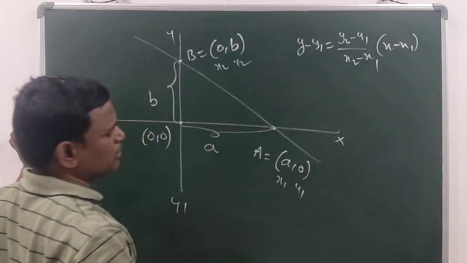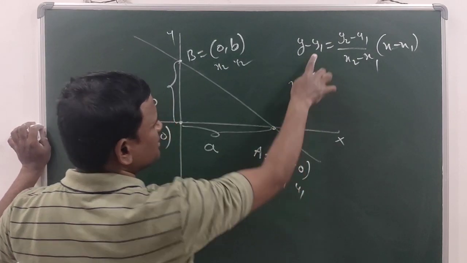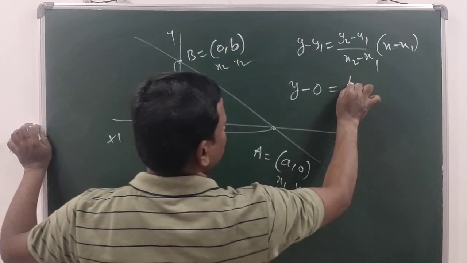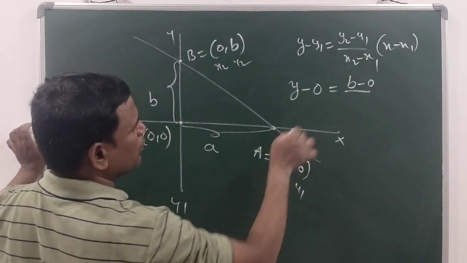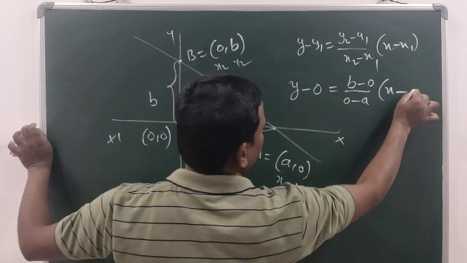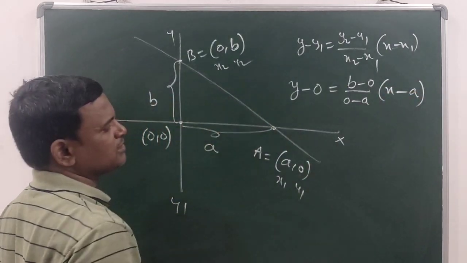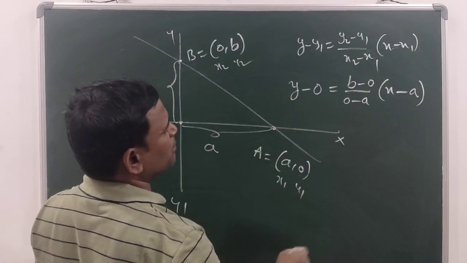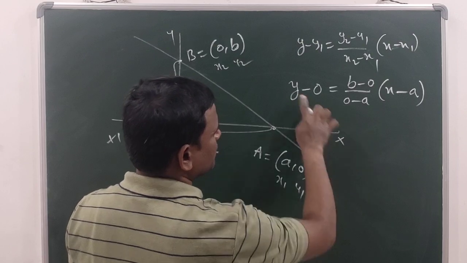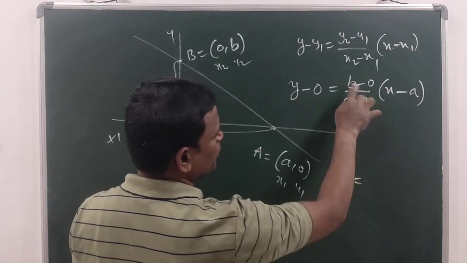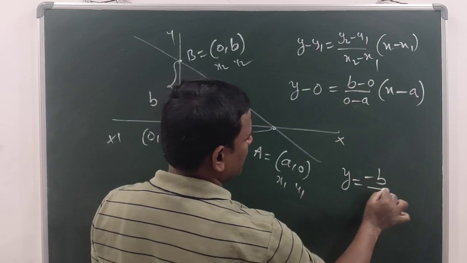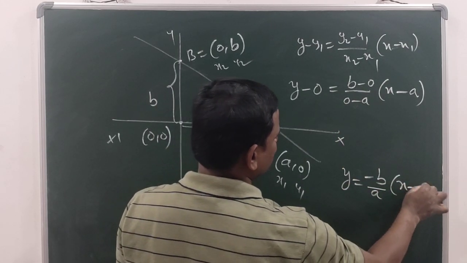Now substitute: y1 value 0, difference of y coordinates b minus 0 by 0 minus a, of x minus a. Now let us simplify this. If you take cross multiplication, what do you get, students? y is equal to minus b by a of x minus a.